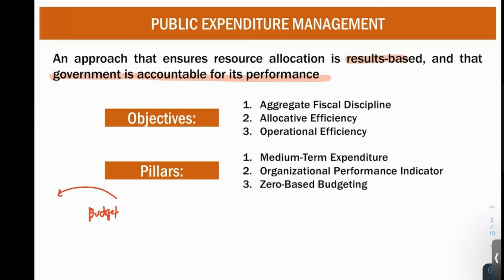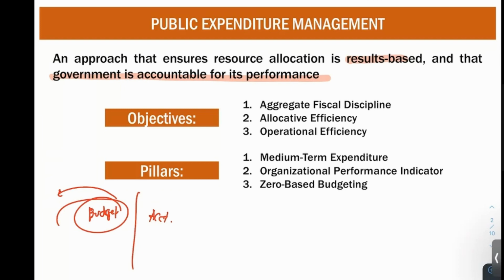And of course, at the end of the results, the government must be accountable as to the usage of that budgeted amount to a particular government organization. And during our last sessions, we talk about accountability or the responsibility of a particular person over these funds given to them. So what is the objective of this PEM or the public expenditure management?